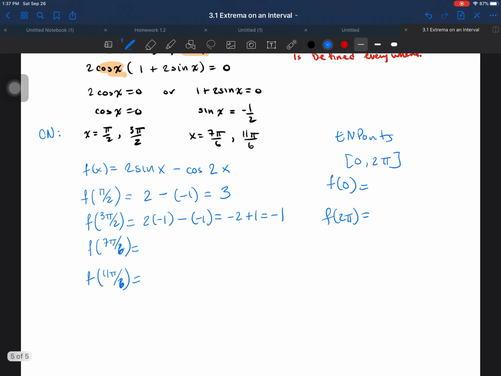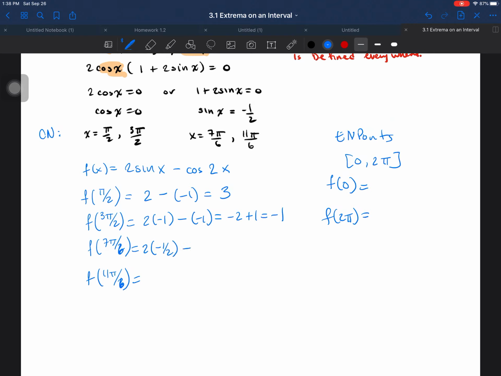Next one is 7 pi over 6. 7 pi over 6, that would be just a pi over 6 after the pi. For sine, that will be 2 times negative 1/2.